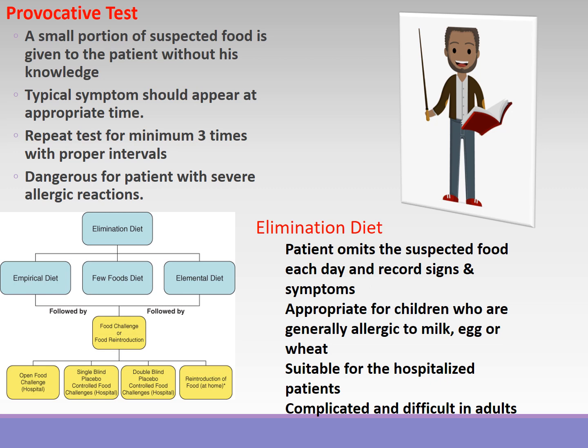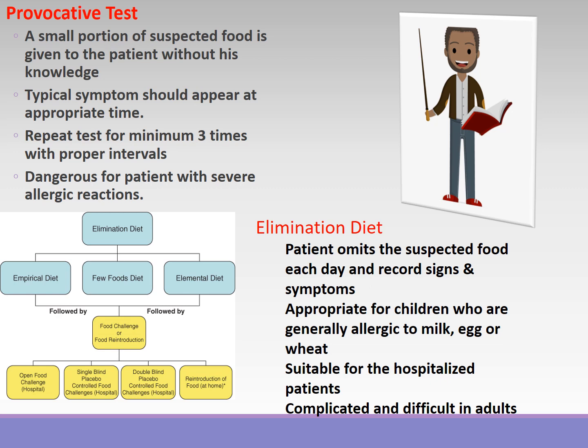Then the most reliable test is the elimination diet test. The patient omits the suspected food each day and records signs and symptoms in a diary.